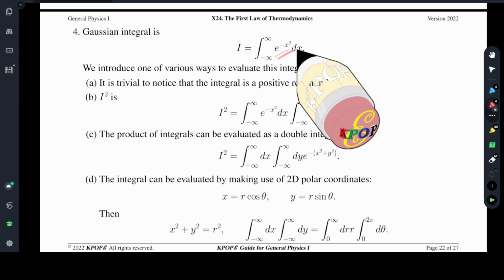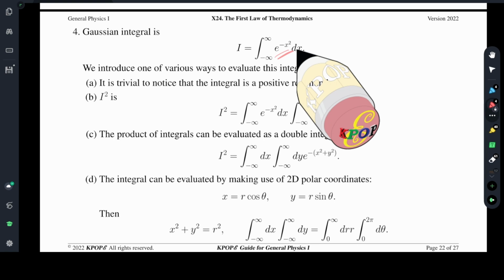And later, we will consider the central limit theorem, which states that the binomial distribution approaches a normal distribution in the limit n goes to infinity.